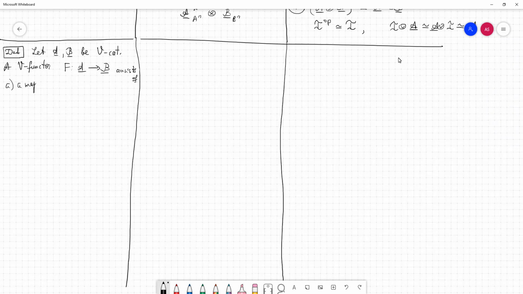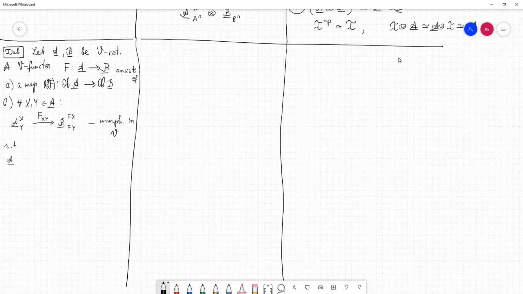A map of classes F from objects of A to objects of B. Let me call it not F, but objects of F. And second, for every pair X, Y belonging to A, we have a map in category V, from A(X, Y) to B(F(X), F(Y)), a morphism in V. This morphism will be called F sub XY, such that the following two diagrams commute.